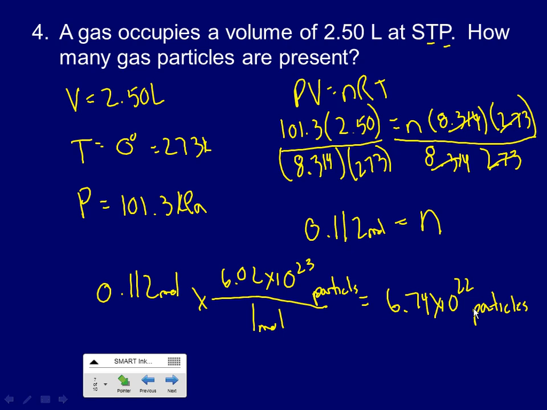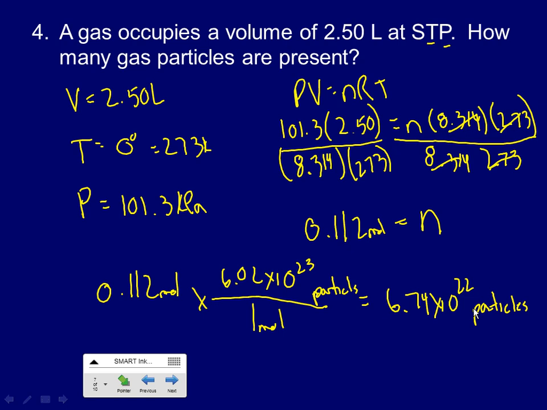We've talked about solids and how we can take a mass and convert it into moles. And if we're dealing with a solid, we need to know exactly what the identity of the solid is, so we can get the molar mass and figure out the moles. We've talked about solutions, where we need the concentration.